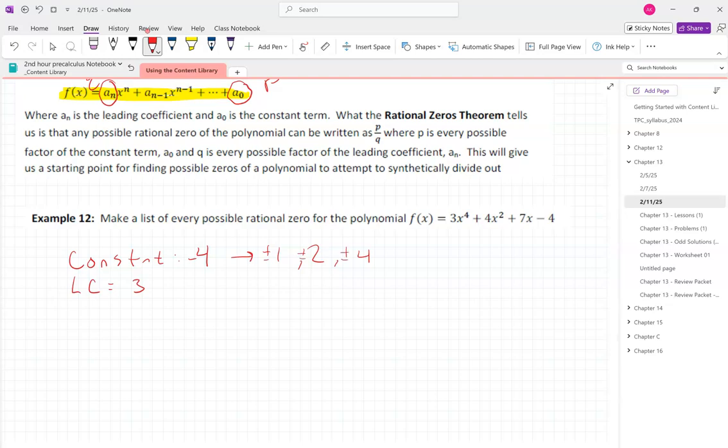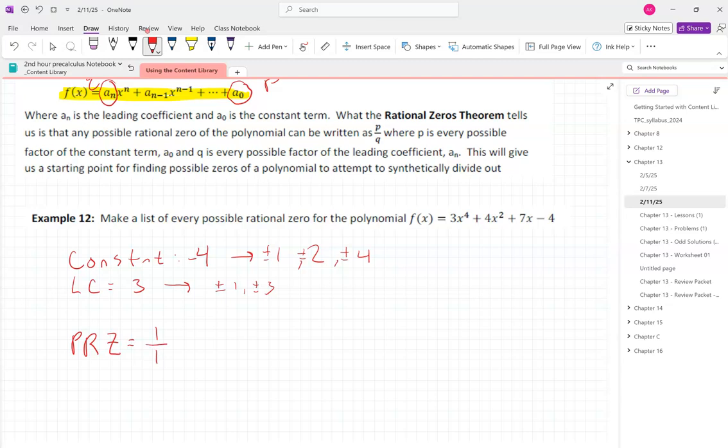Is everybody okay there? How about for 3? What are factors of 3? Plus or minus 1 and plus or minus 3, right? Everybody's okay there? So my possible rational zeros are going to be every factor of the constant term divided by every factor of the leading coefficient.